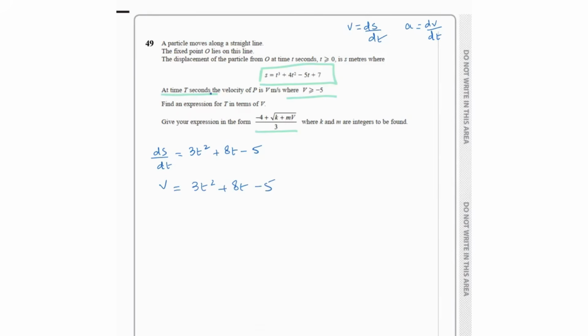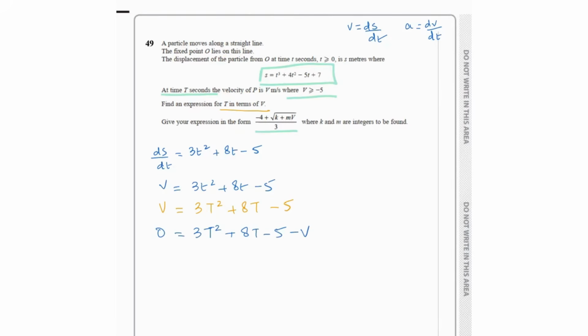Now the question said at time t seconds, the velocity of P is v meters per second, where v is greater than or equal to -5. So capital V is equal to 3t squared plus 8t minus 5. They want to find an expression for t in terms of v. So let's take v to the other side because they want it in terms of v. So 3t squared plus 8t minus 5 minus v equals 0.